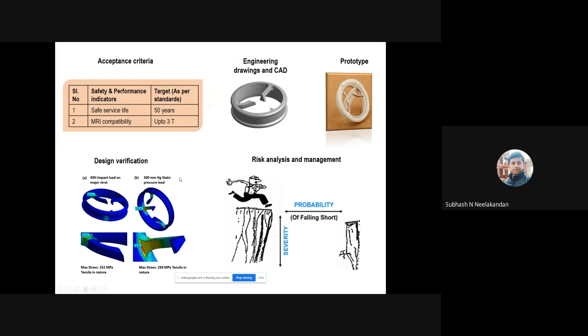It is also expected that by the end of the design output stage, the team has various design verification activities. Here I am schematically representing one computational plot of a heart valve, whereas in reality, depending upon the product, we may have to do tens or hundreds of tests.